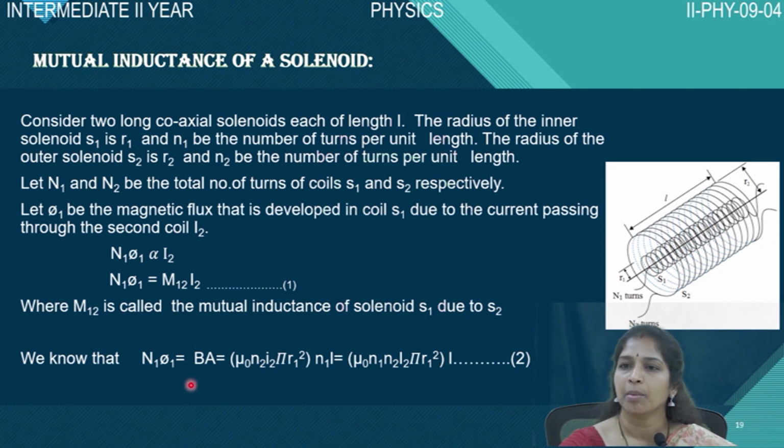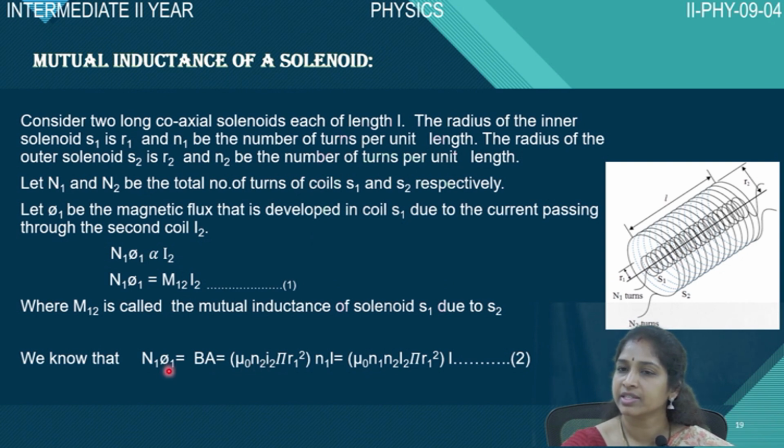It is the magnetic field induction due to a solenoid. We know the expression for the magnetic field induction due to a solenoid is mu naught n I. But here I wrote it as mu naught n2 I2. Why mu naught n2 I2?